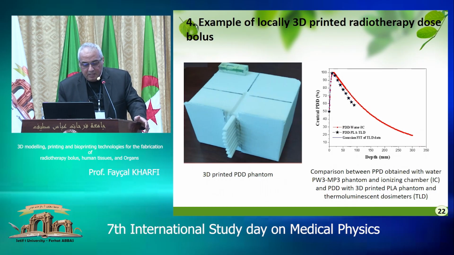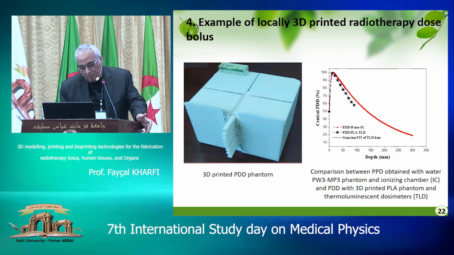This is the printed phantom that we used to check the dose in depth of the selected material. Here is the result on this graph. In red, I show you the PDD of water, which is generally taken as a reference for the treatment planning, and the PDD, the dose in depth, of the material that we selected.